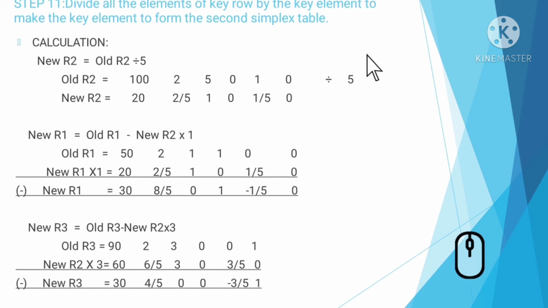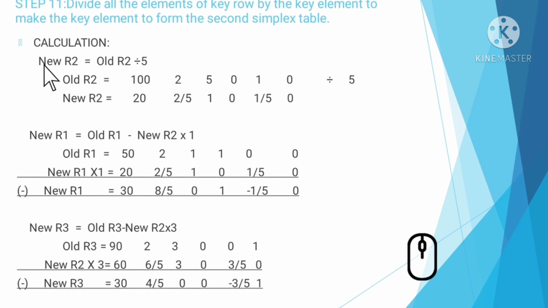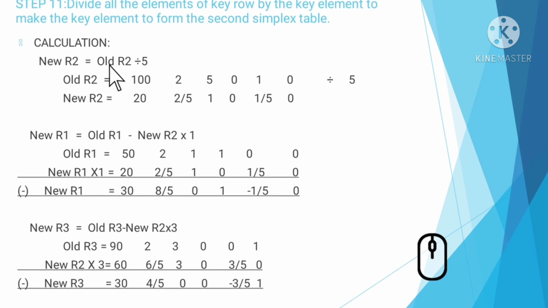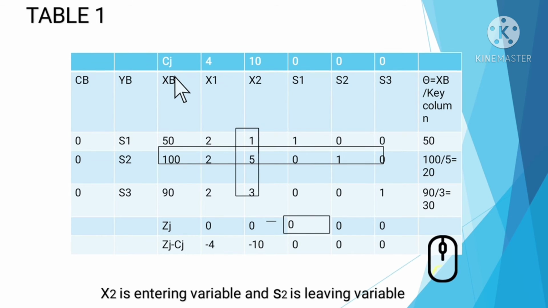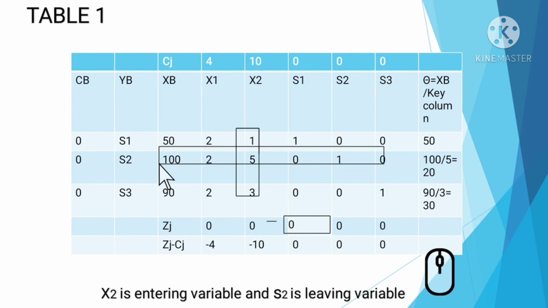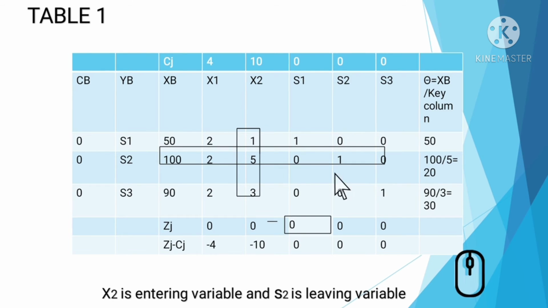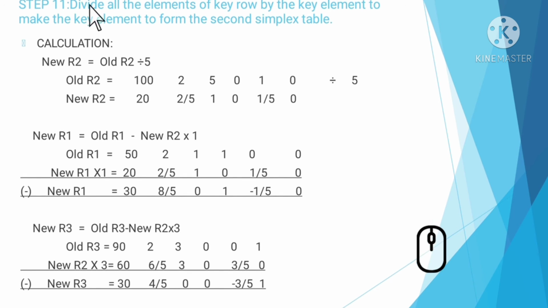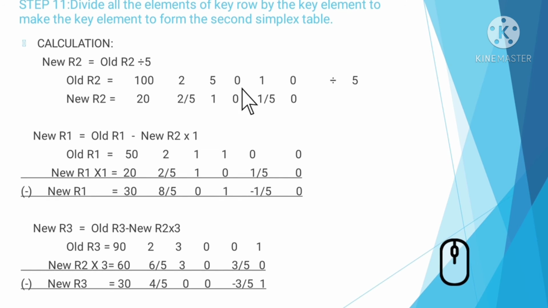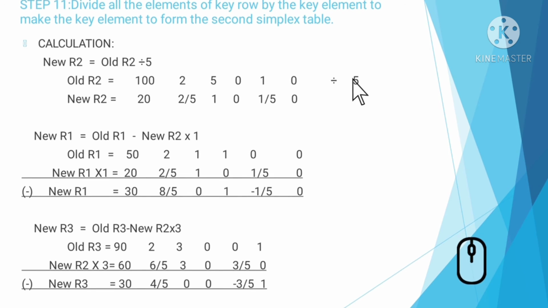So new R2, I said that S2 is going to leave and X2 is going to enter. So how? New R2 is equal to old R2 divided by 5. We know that old R2 is 100, 2, 5, 0, 1, 0, divided by the key element, which is 5.